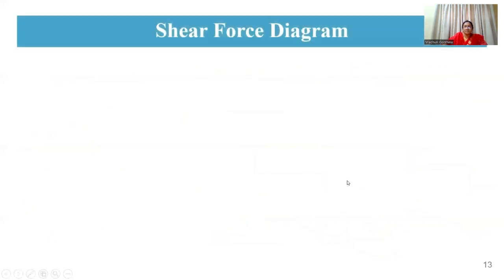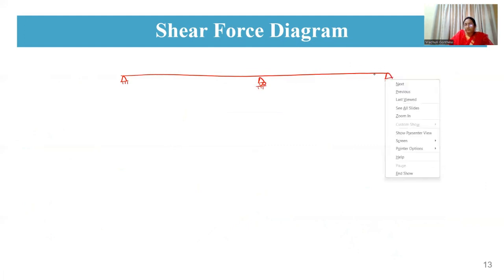Next, coming to your shear force diagram. For drawing a shear force diagram, you are going to find the reactions first. So first we'll draw the figure. So this is a fixed support.